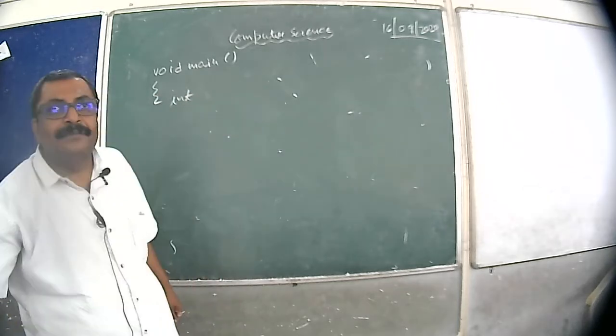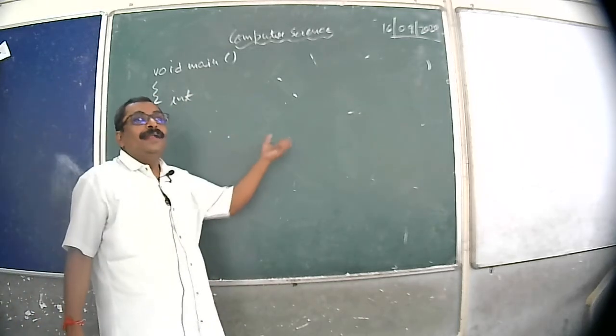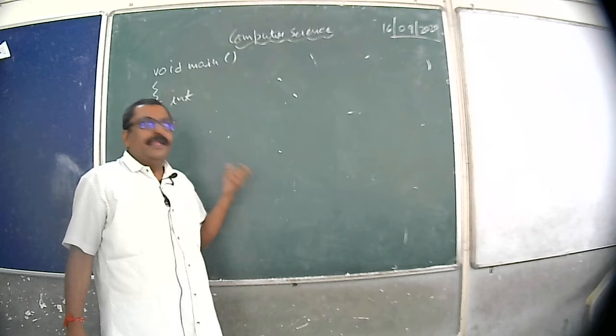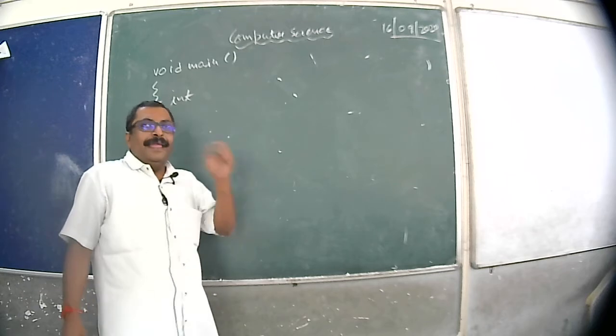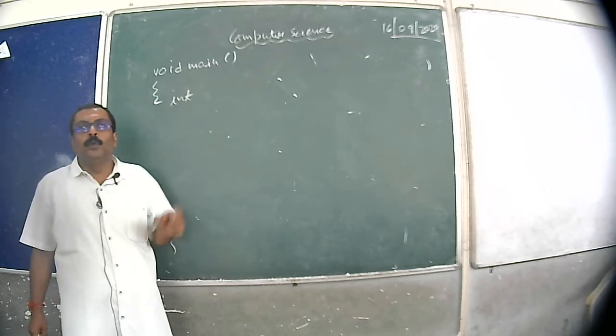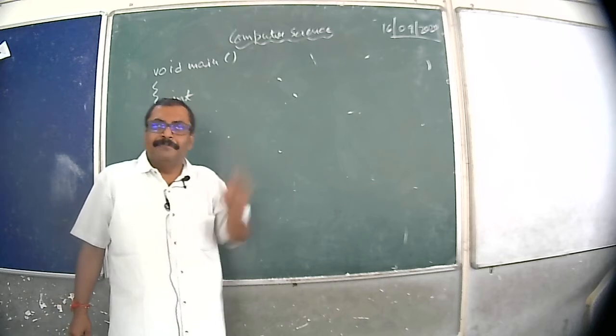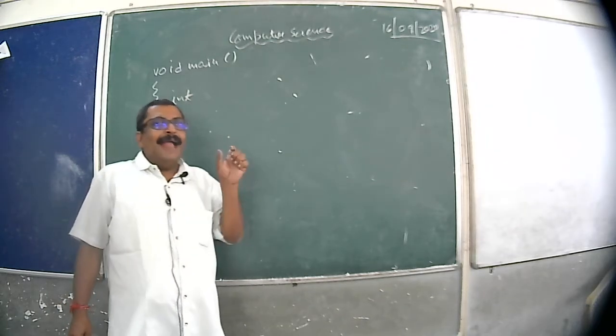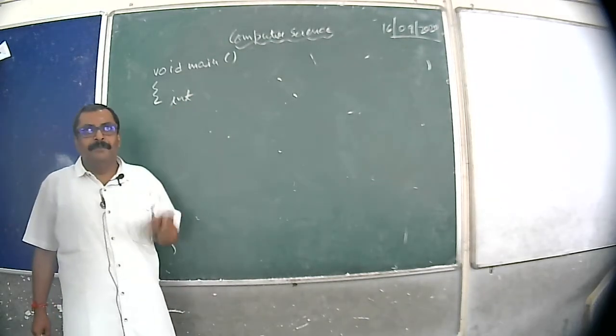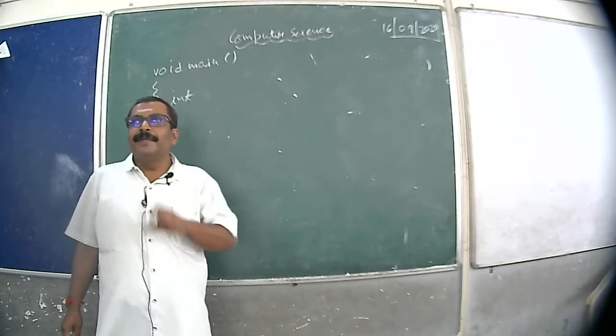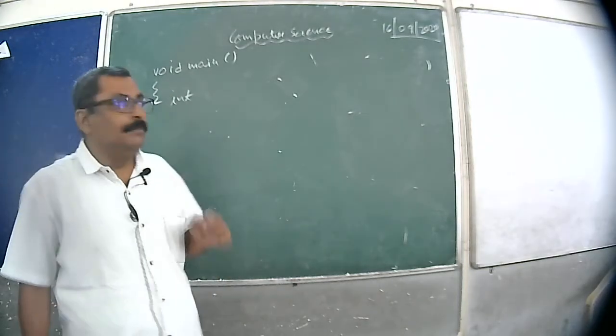Before that, you have to know when a number is odd or even. When a number is divided by 2 and the remainder is 1, that means an odd number, and if the remainder becomes 0, that means an even number.